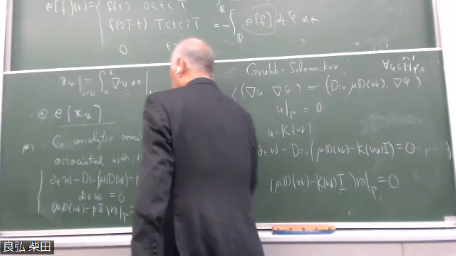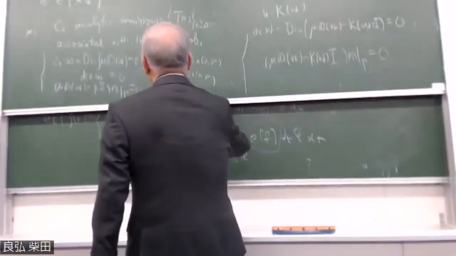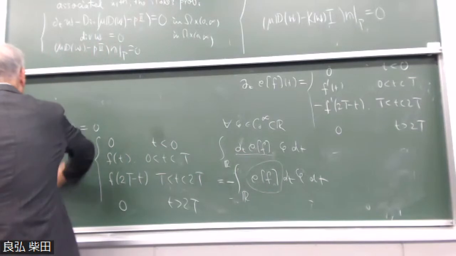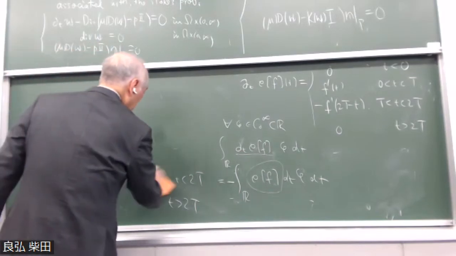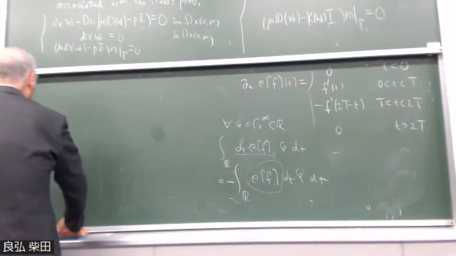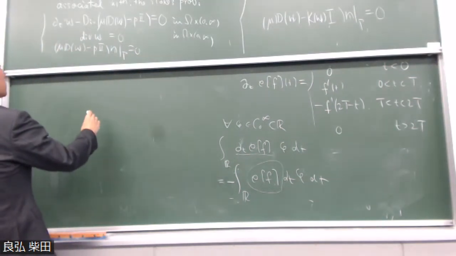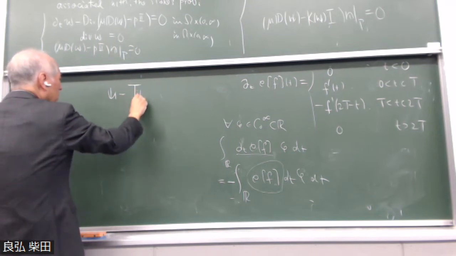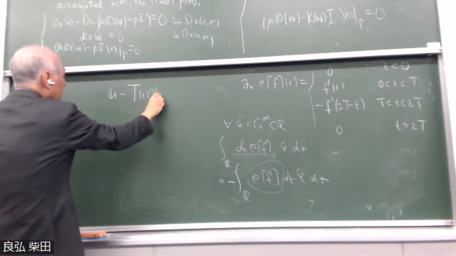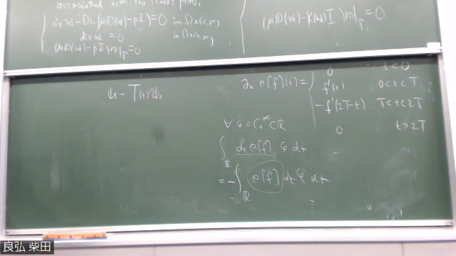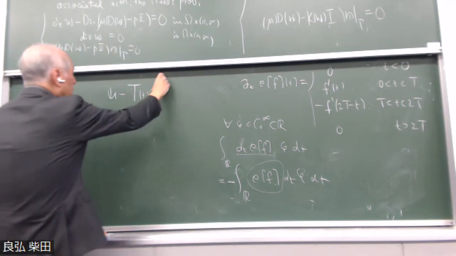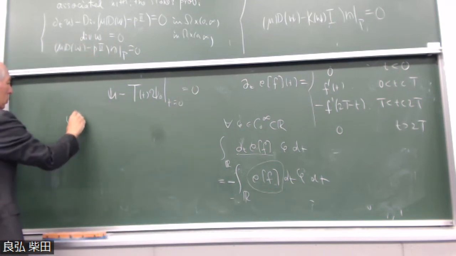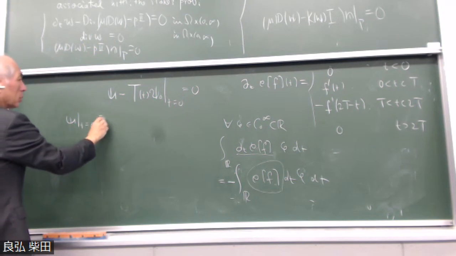Then, instead of U, we consider T0. This satisfies T equals 0 is equal to 0, because U at T equals 0 is B0.